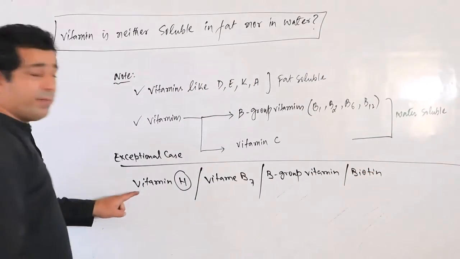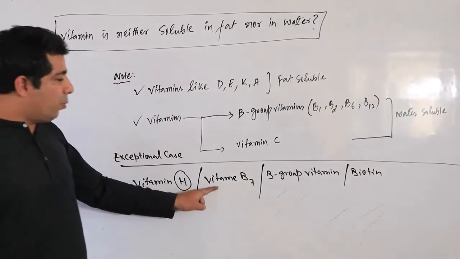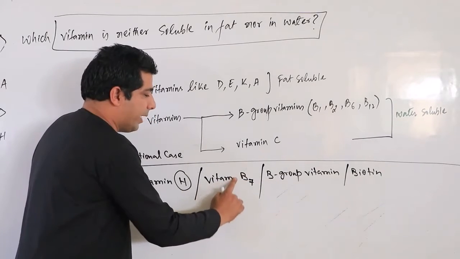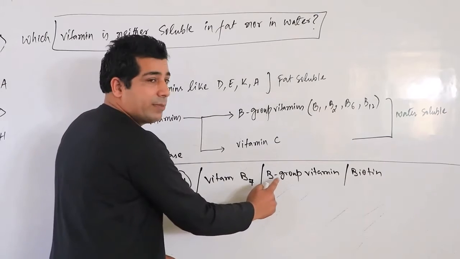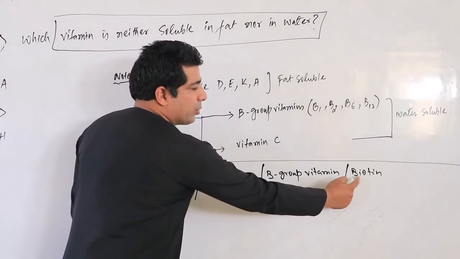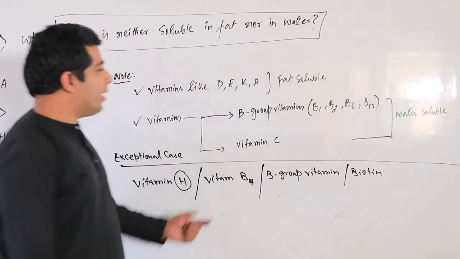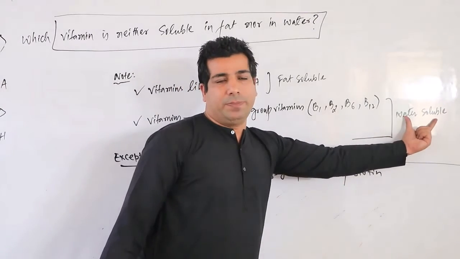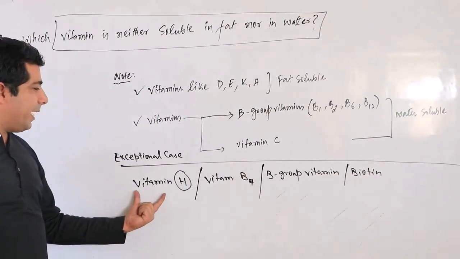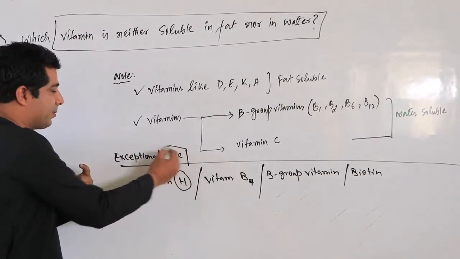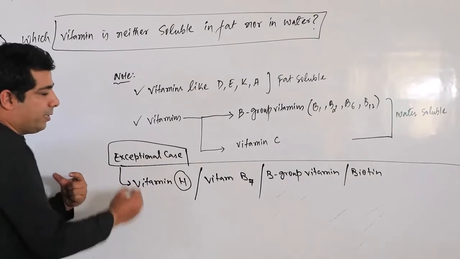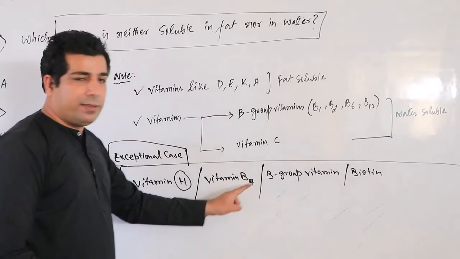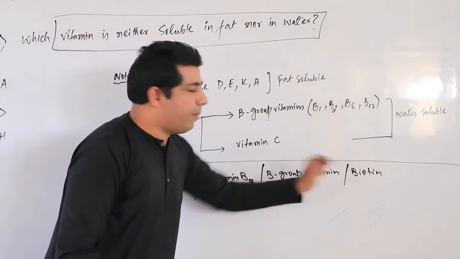So your vitamin H is basically the vitamin B7. It's also known as B group vitamin and also known as biotin. You know that B group vitamins and vitamin C, they are water soluble. But this vitamin H is an exceptional case. Okay, it's known as vitamin B7, B group vitamin or biotin.